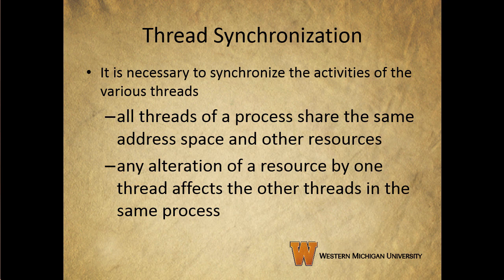For example, if two threads each try to add an element to a doubly linked list at the same time, an element might be lost or the list may end up malformed. There are various other issues and techniques to deal with them raised by the concepts of synchronization of threads, and they're for the most part the same as the synchronization of processes. We'll talk more about these issues and techniques in chapters 5 and 6.